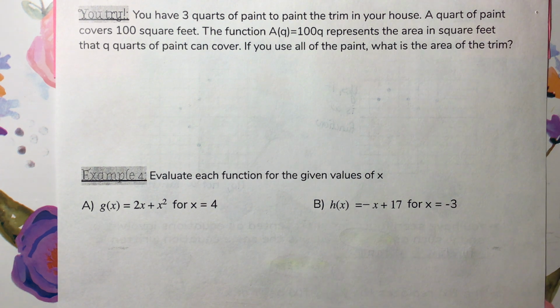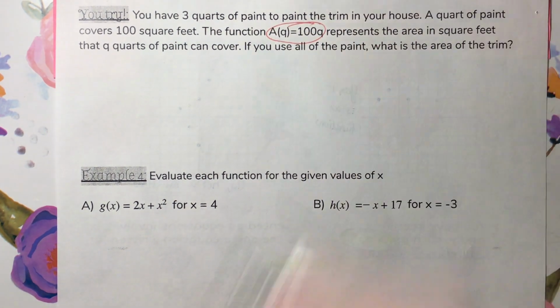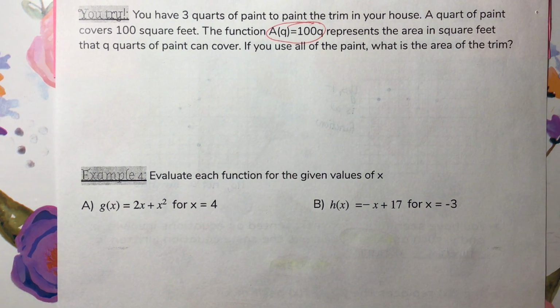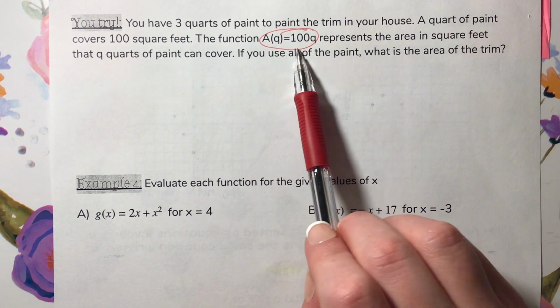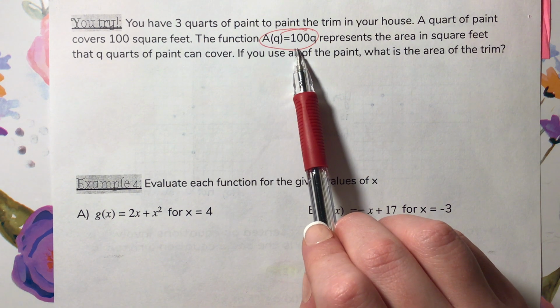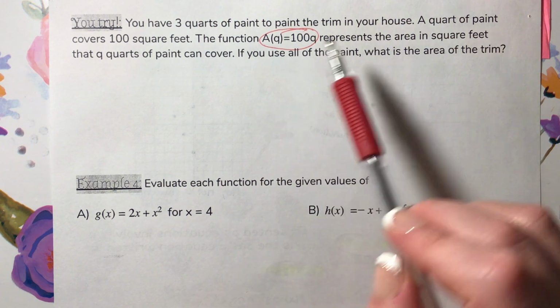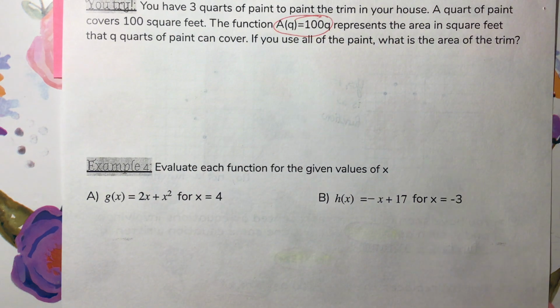Here are the important parts you need to know. That's the function. It's basically telling us 1 quart of paint covers 100 square feet. So how many square feet could 3 quarts of paint cover? That's what we're asking ourselves.